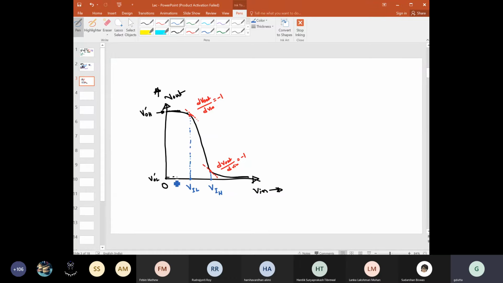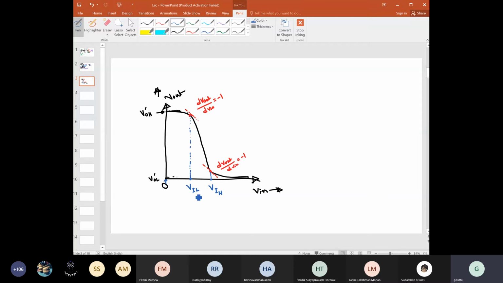So please try to understand it again. VIL is the maximum value of input voltage, because for any input voltage from here till here, in this range, the output is expected to be 1 or high.